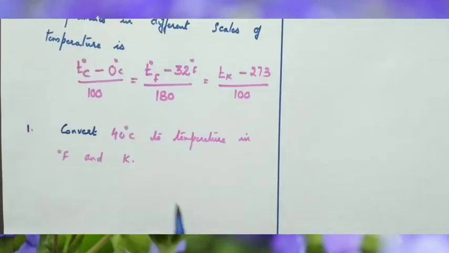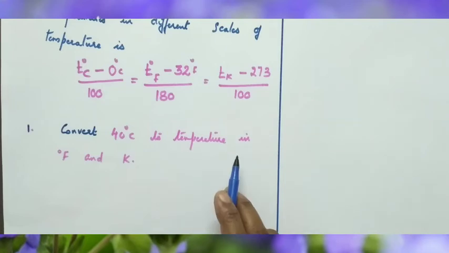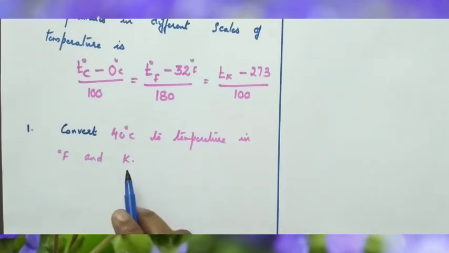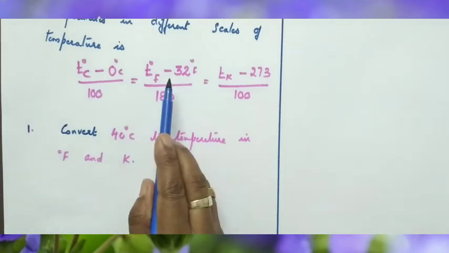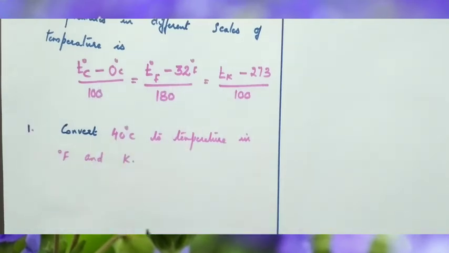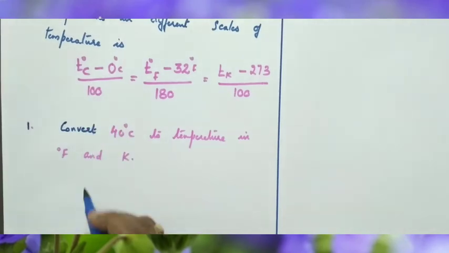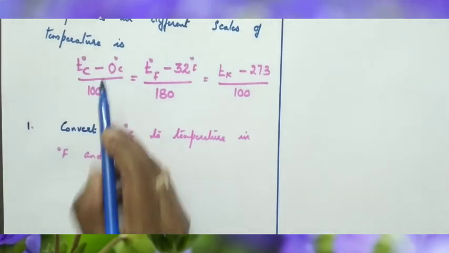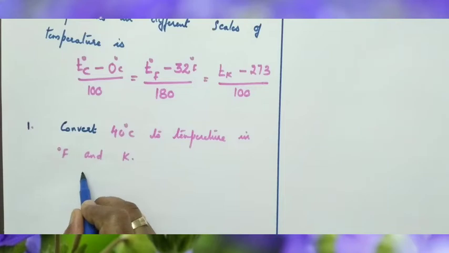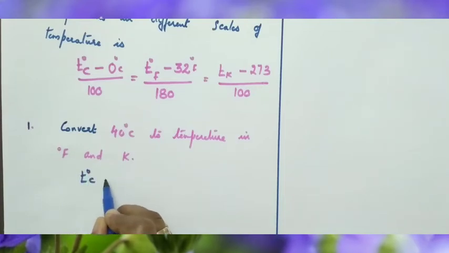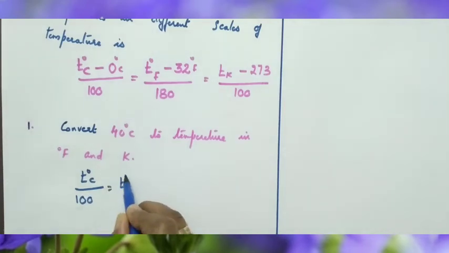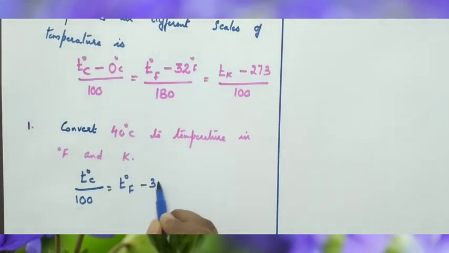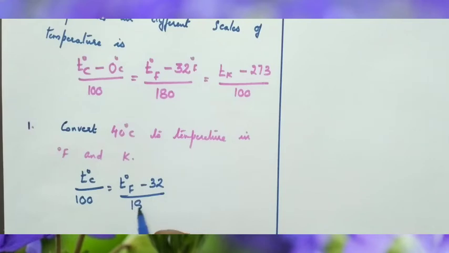Question. Convert 40 degrees Celsius to temperature in degree Fahrenheit and Kelvin scale. So we have to convert 40 degrees Celsius to degree Fahrenheit and 40 degrees Celsius to Kelvin scale. We have the general relation: T degrees Celsius minus its ice point, which is 0, divided by 100 equal to T degree Fahrenheit minus 32 divided by 180.